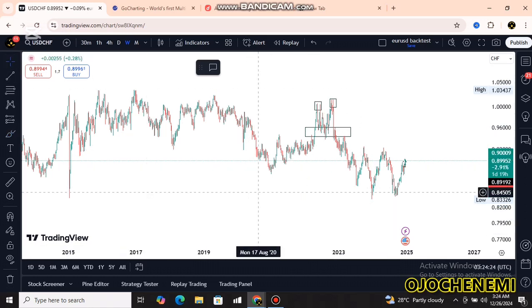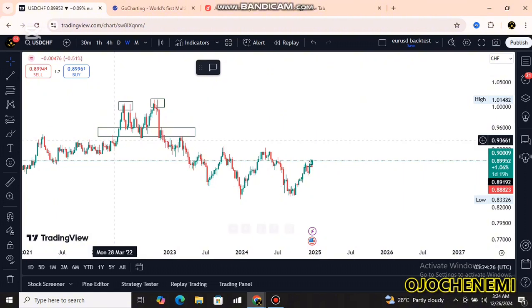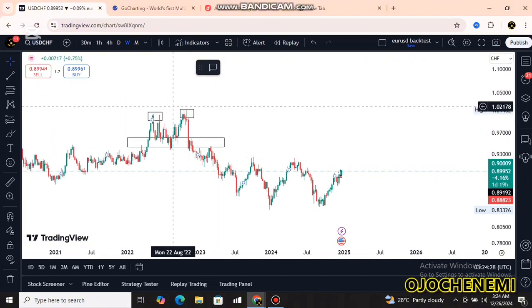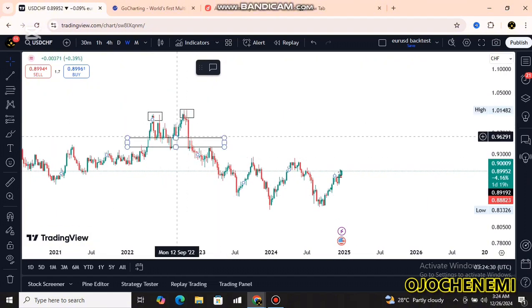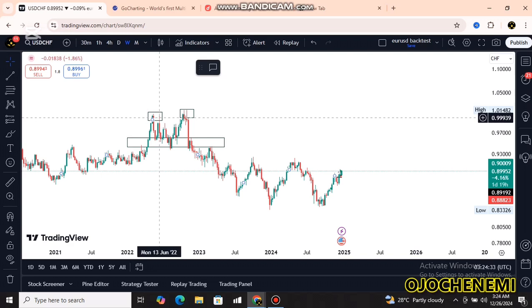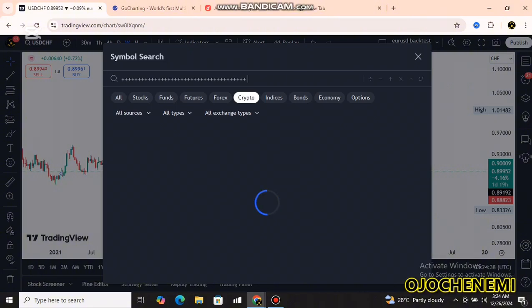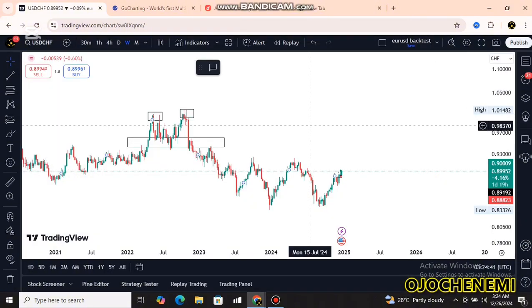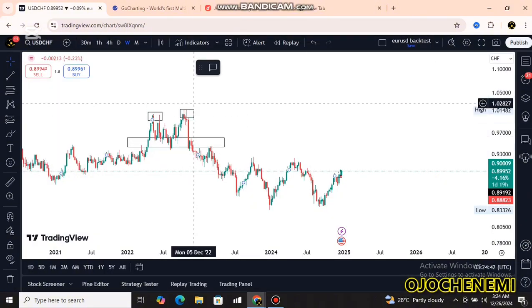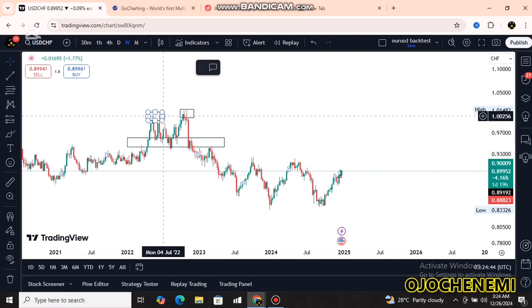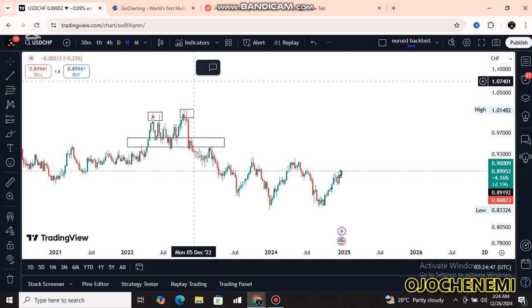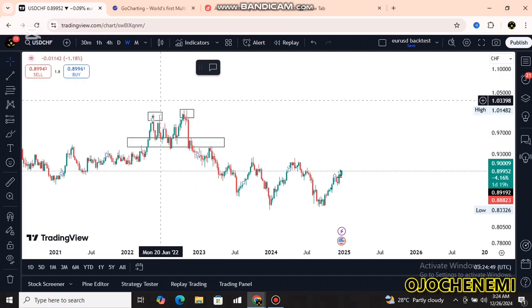Let me drop this too. So the market comes here to make a double top. What this double top signifies is that there is no buyer here on earth, the whole planet earth, anywhere, anyhow you can call it, there is no buyer that is ready to push this market further to the upside.